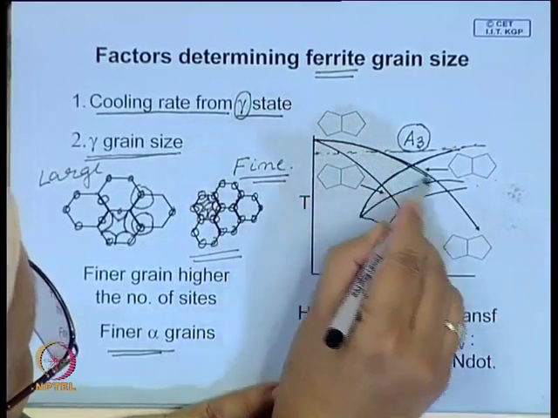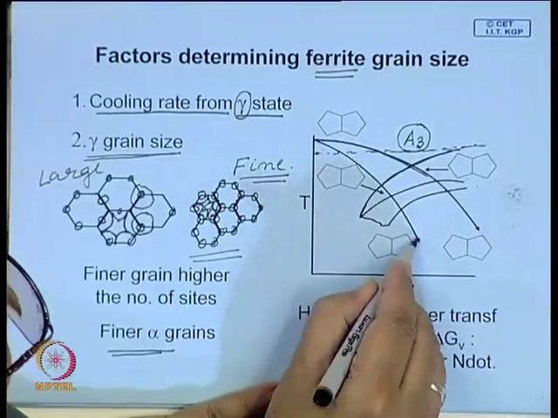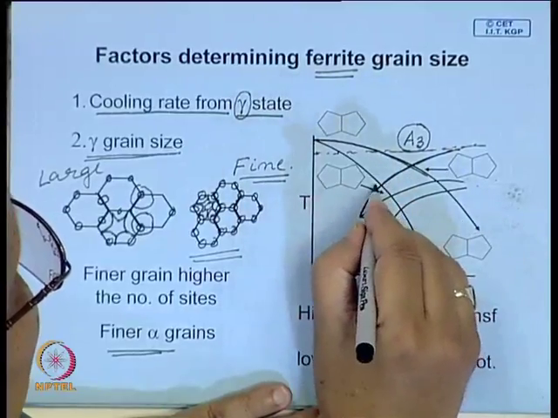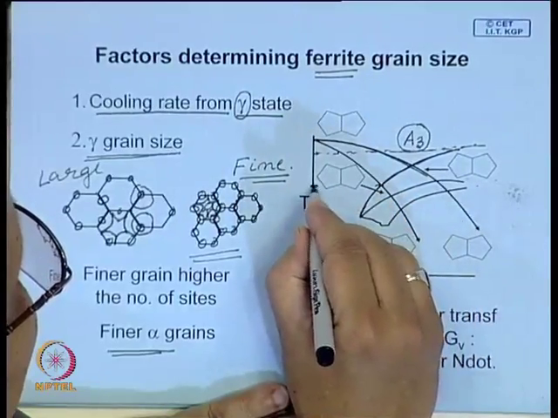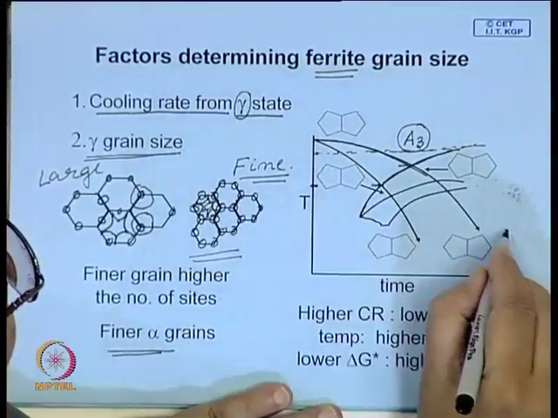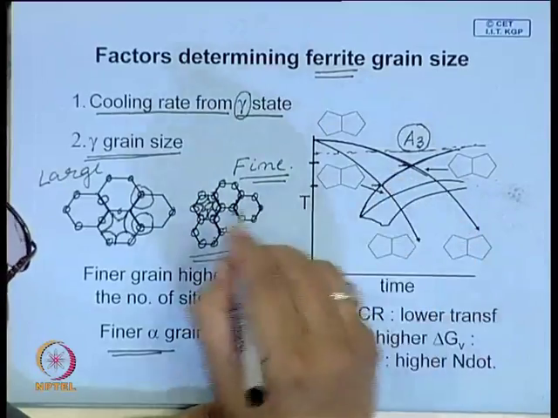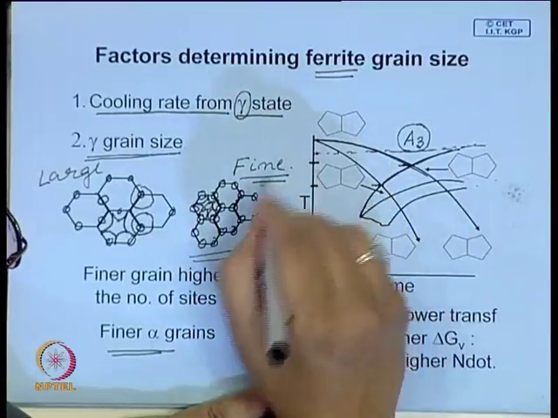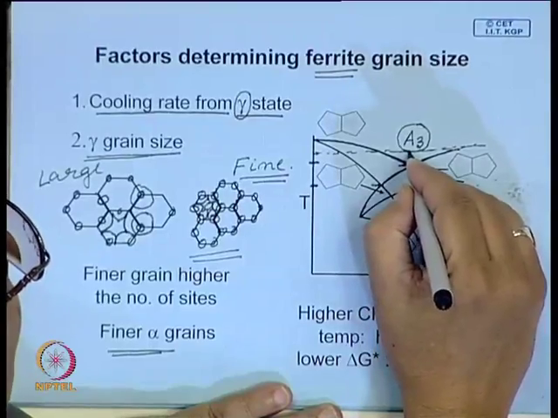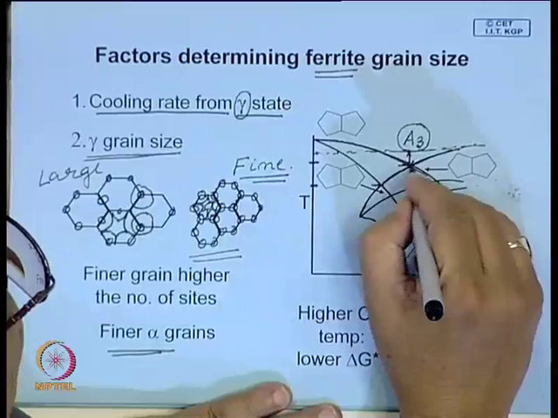Now, we have superimposed two cooling rates. One is a relatively slow cooling rate, another is a fast cooling rate. In the fast cooling rate, this transformation takes place at this temperature, whereas at the slower cooling rate, transformation takes place at this temperature. So, what you find over here, the driving force we have seen is the degree of supercooling.